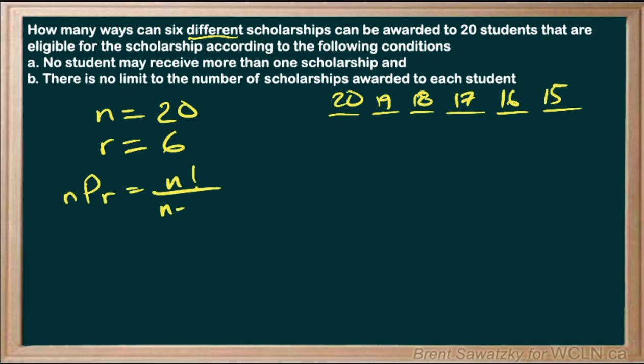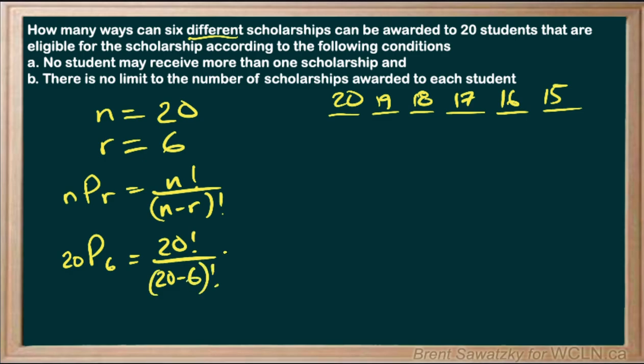Always good to lay out your rationale for your question, so when you're working it out in your learning guide, make sure you lay out your formula. 20P6 equals 20 factorial over 20 minus 6 factorial, which is the same as 20 factorial over 14 factorial. On the calculator, we could plug that in, or we could plug it in using Desmos. Either way is great.